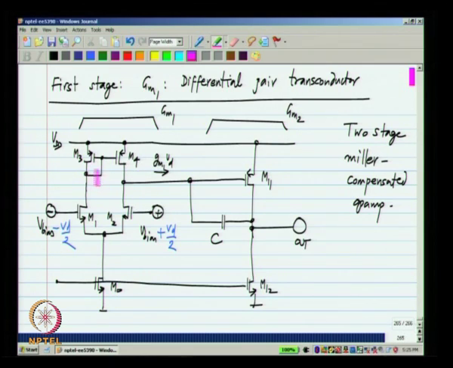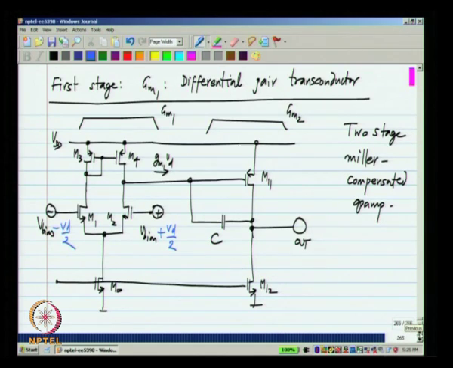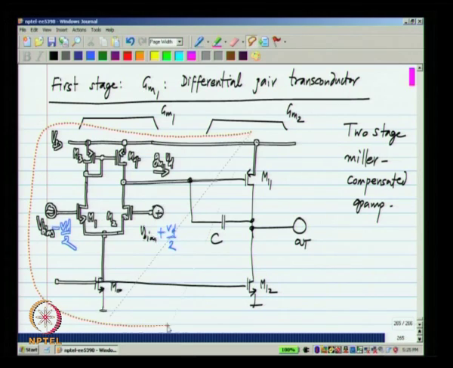Okay. So, this GM1 has to be replaced by YM1, okay, which is the transadmittance that includes the pole and the 0. So, if we do all of that, we will get the frequency response of our Miller compensated 2 stage op amp at the transistor level. Okay. Let me copy over this picture.